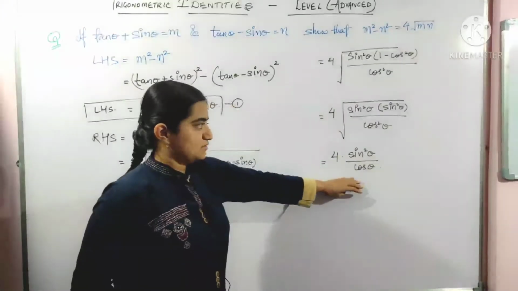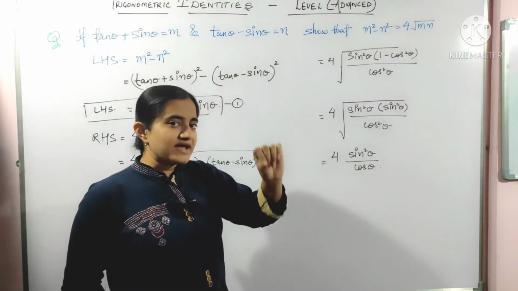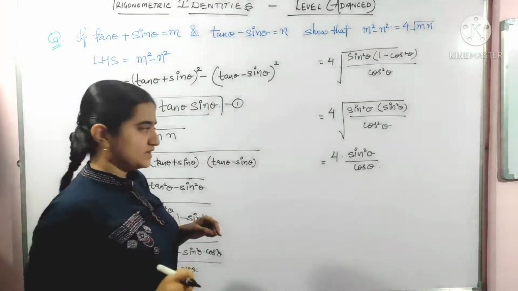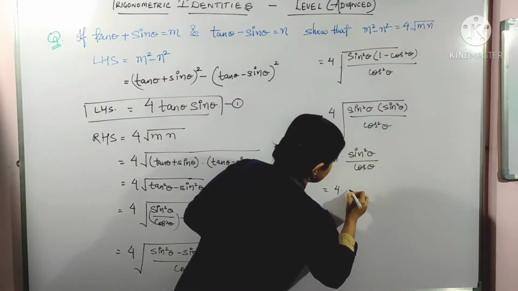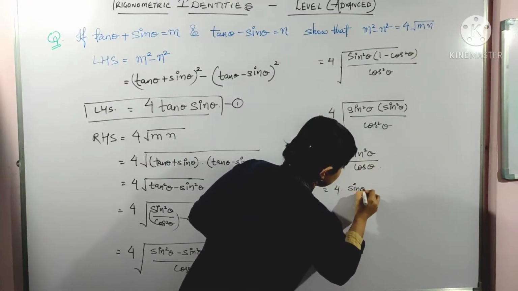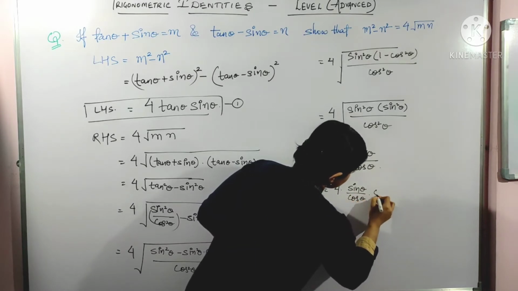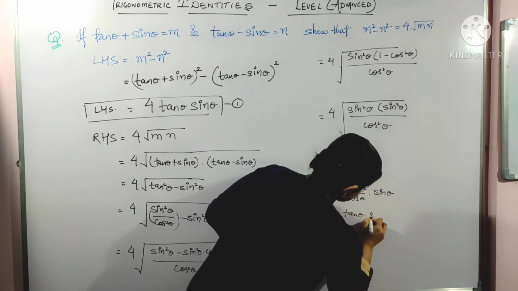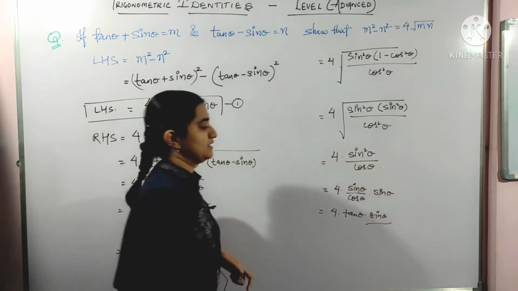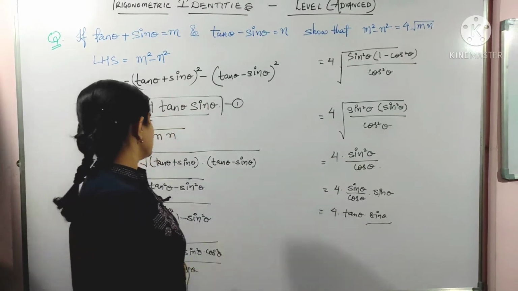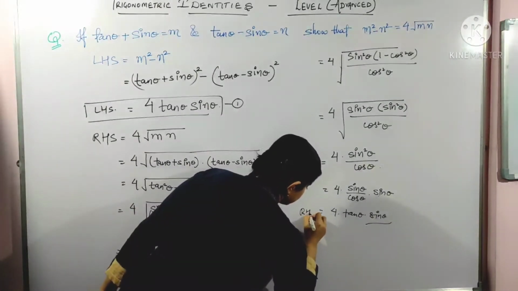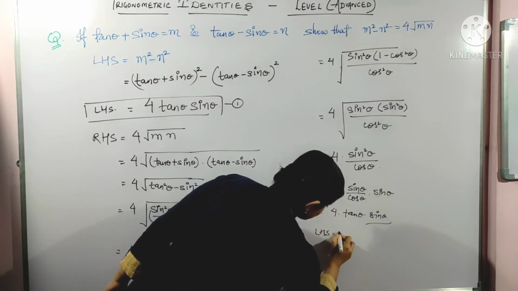So this is what we got, but this doesn't match our LHS. Our LHS is 4 into tan into sin. So we can write 4 into sin theta upon cos theta into sin theta, 4 into tan into sin, and hence this is also the same. So we will write here LHS equals RHS.